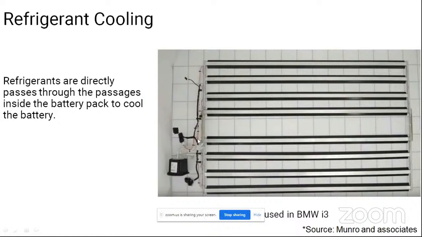When the refrigerant passes through all this, it is in a state of evaporation. So it sucks the heat from the battery and moves forward, and that is the way we cool the battery pack in terms of refrigerant cooling.